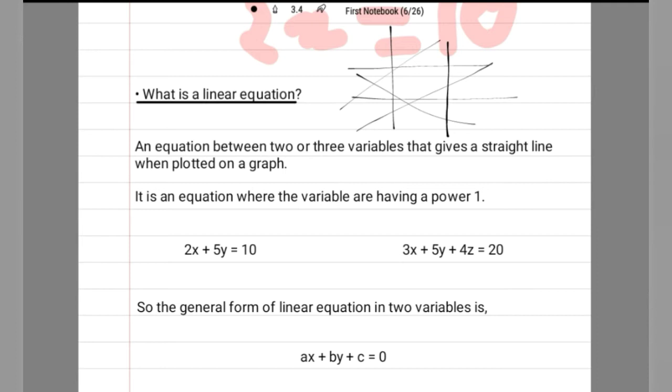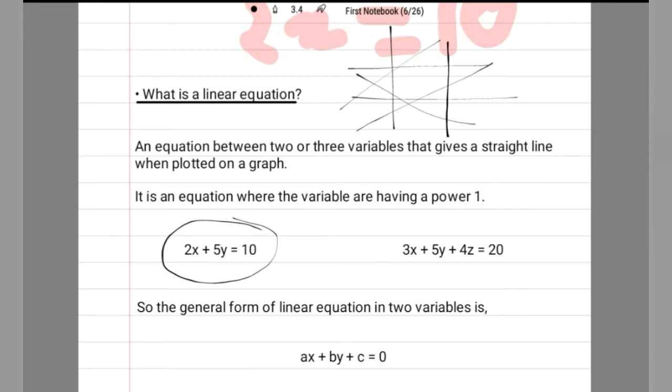The second thing is, it is an equation where the variables have a power or a degree of 1. Remember, what are variables? Anything which is unknown in the equation is called a variable. For example, here we have this equation, 2x plus 5y is equal to 10.